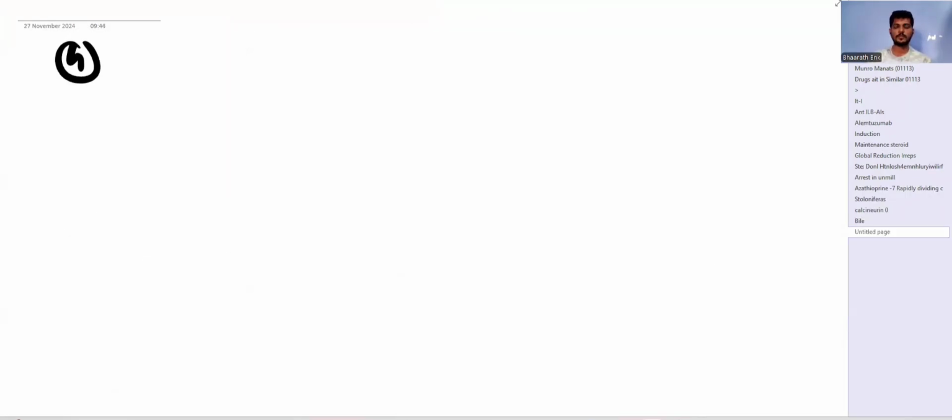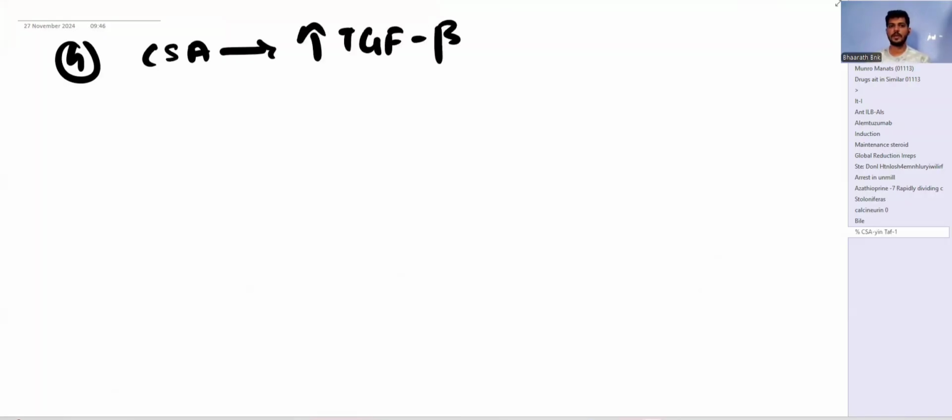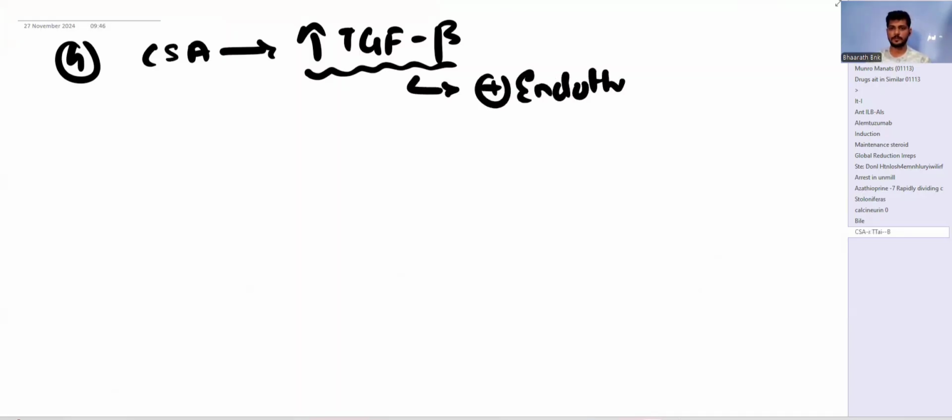So this is one problem. And the most important problem perhaps is this: cyclosporine A not only reduces the production of interleukin 2, it also increases the production of transforming growth factor beta. And most of the side effects of cyclosporine A are because of the increase in the production of transforming growth factor beta. It will act on the renal cells to produce endothelin.